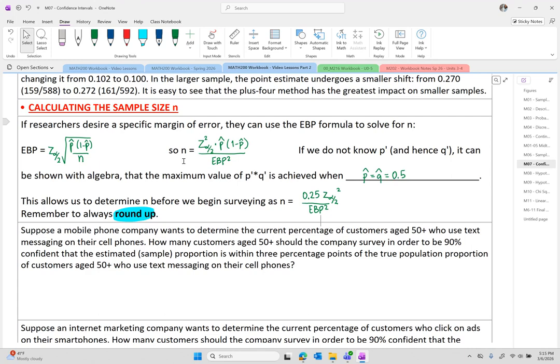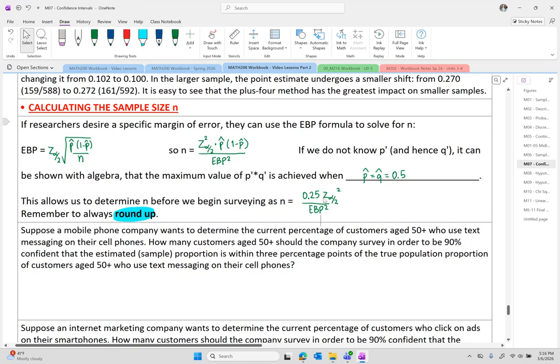Then 50% times 50% in the numerator is 0.25, and therefore n equals 0.25 times z squared divided by the margin of error squared.